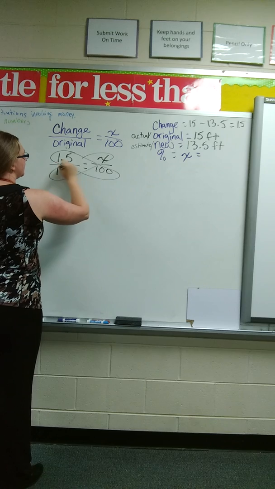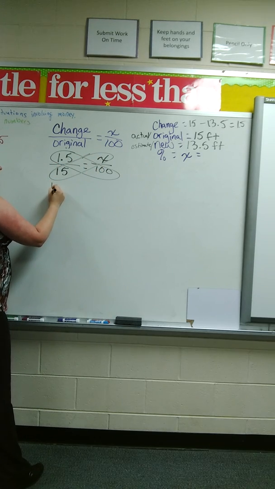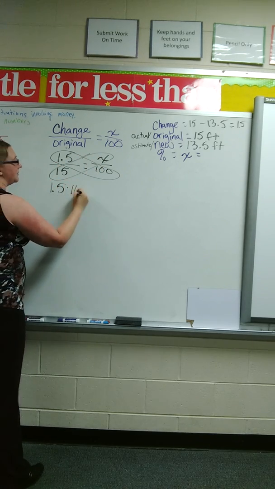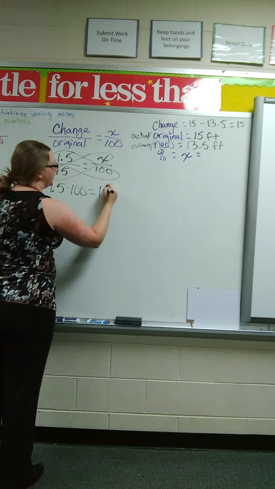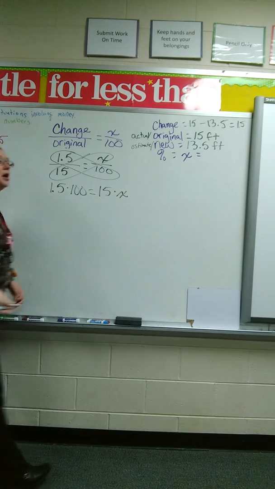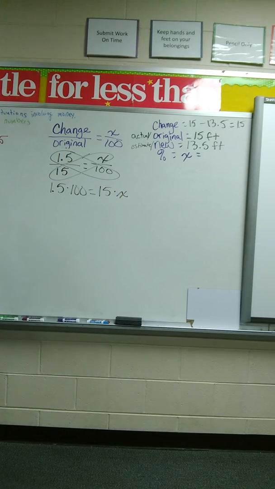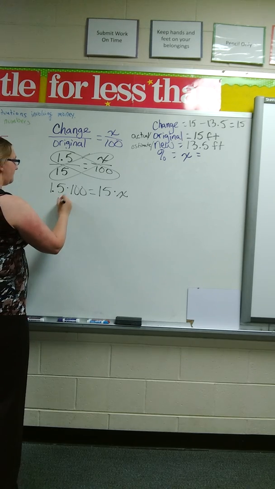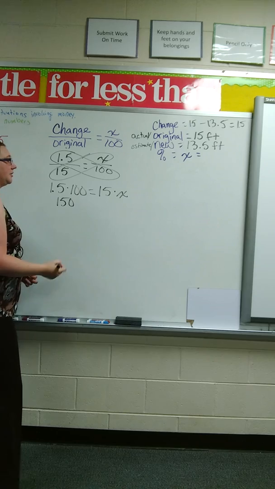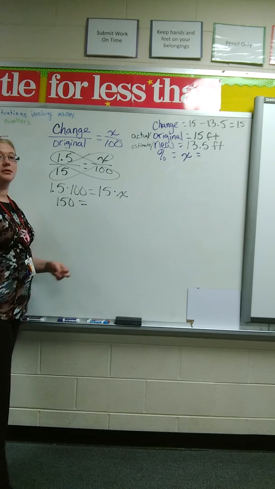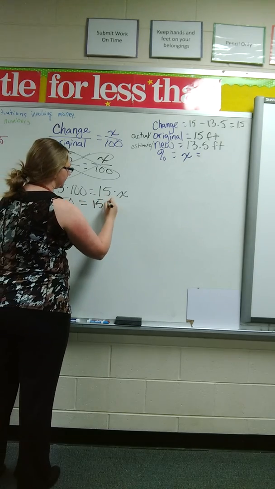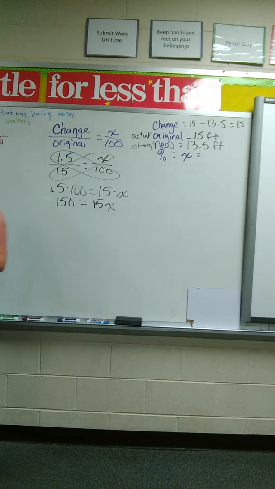In cross multiplying, you have 1.5 times 100 equaling 15 times x. What is 1.5 times 100? 150. That equals what? 15x. Then what do I need to do? Divide by 15.